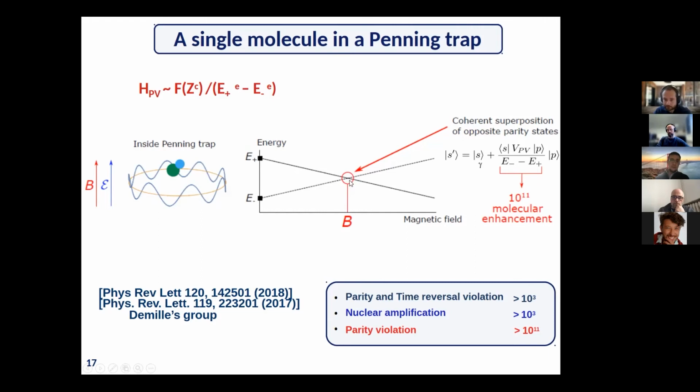The magnetic field that we need to do this crossing of levels is about a few Teslas, or about 1 Tesla. And it's precisely the kind of magnetic field that you use for Penning traps. So the idea is then you put this molecule in the trap and then tune the magnetic field to interact with the molecules while you have this situation of maximum enhancement of this term, okay?